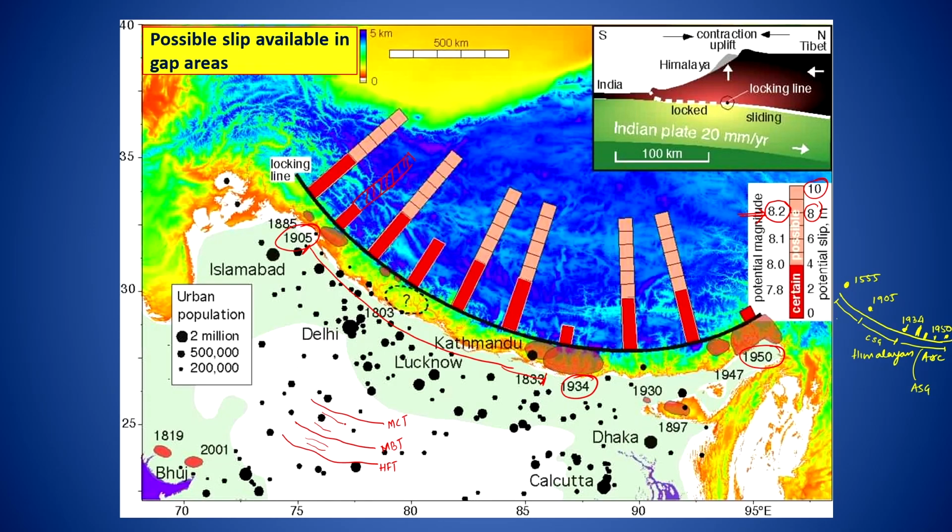Now which of these faults hosted the earthquake is a big question, whether it was the MBT, the HFT fault system or the MCT fault system. So what we did was start identifying the active faults, and then we learned that the 1905 earthquake.